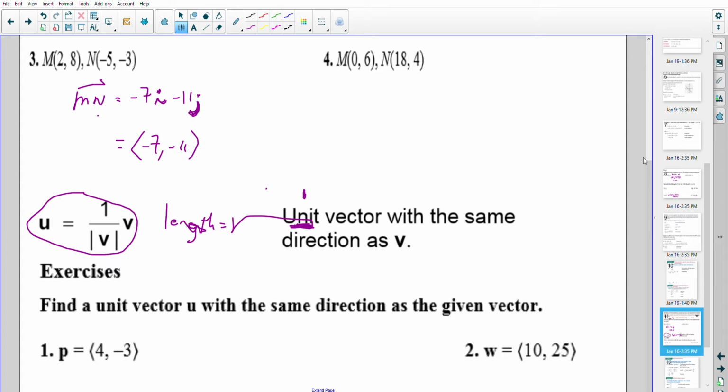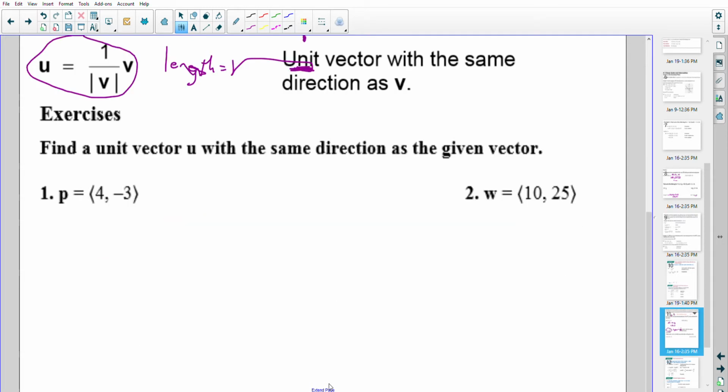To do an example on this one, if you just take a look at this vector p, the unit vector u is going to be vector p divided by the magnitude of p, which just means that it's going to be <4, -3> divided by the magnitude of p, which is the square root of 16 plus 9, which means that that's equal to 5 on the bottom.